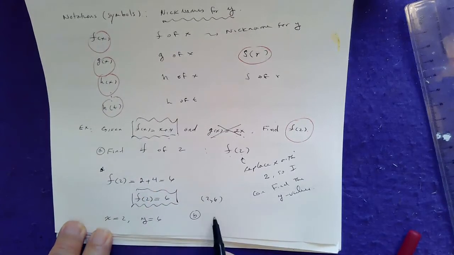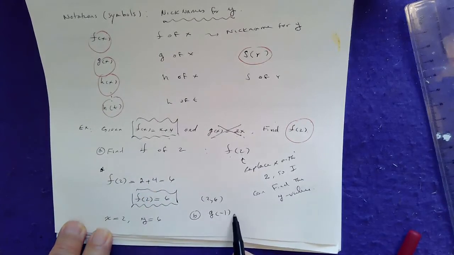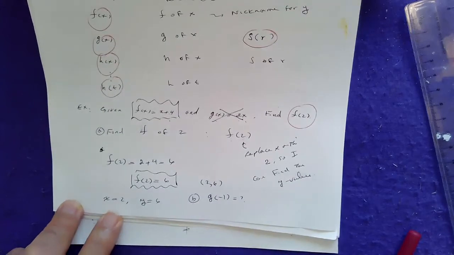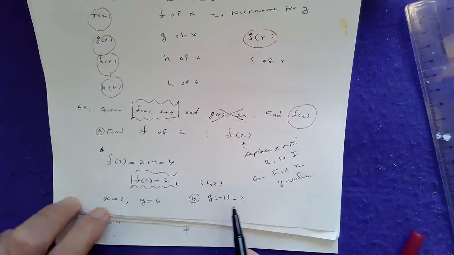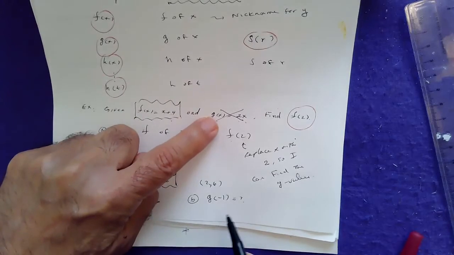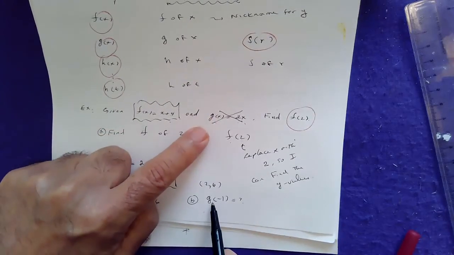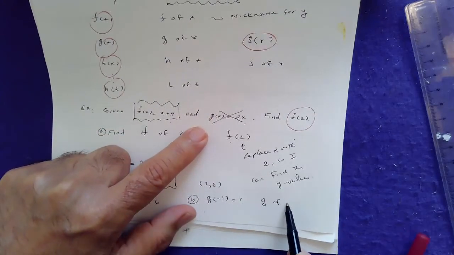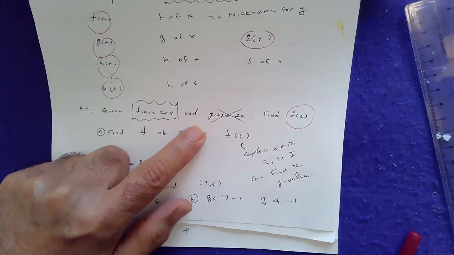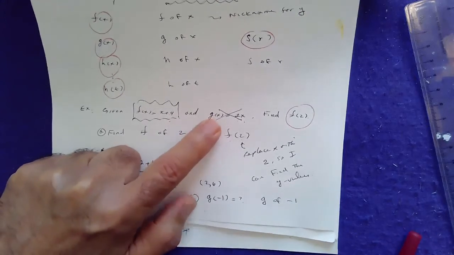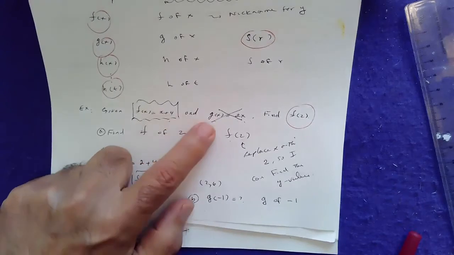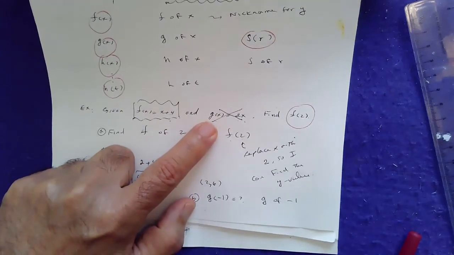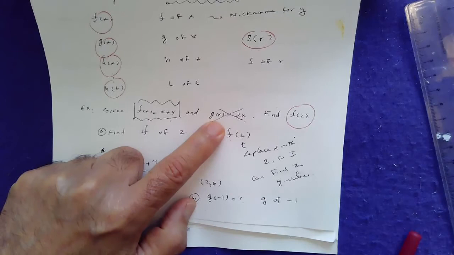Now let's say Part B, g of negative 1. If they say find g of negative 1, now you have to go to the g function. Because they said g of negative 1, that means they want you to find this y, not that y. Because remember, we gave a nickname for this y, g of x.